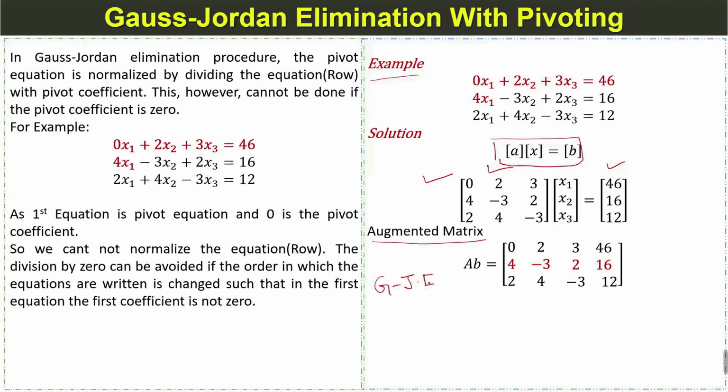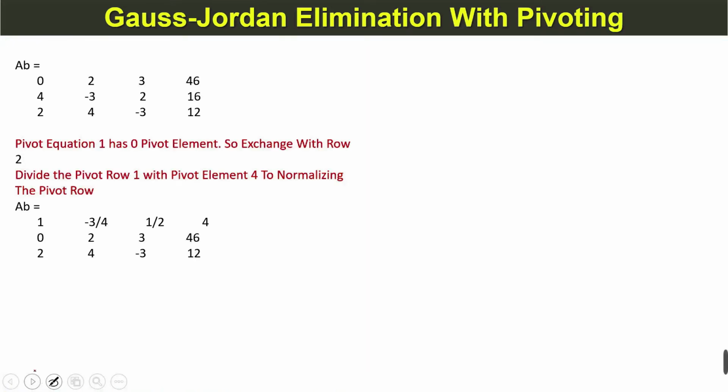We have already learned this in the previous lecture. So this is our augmented matrix, and this is the pivot row or the pivot equation, and we want to normalize this. Here the pivot coefficient is 0.